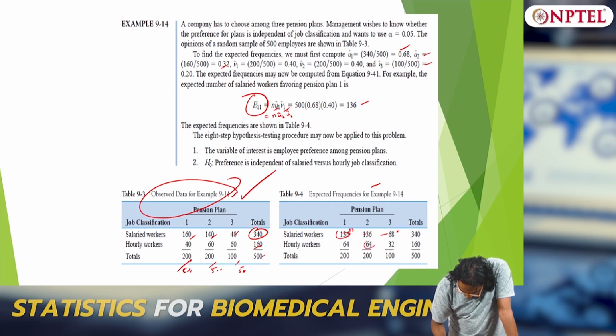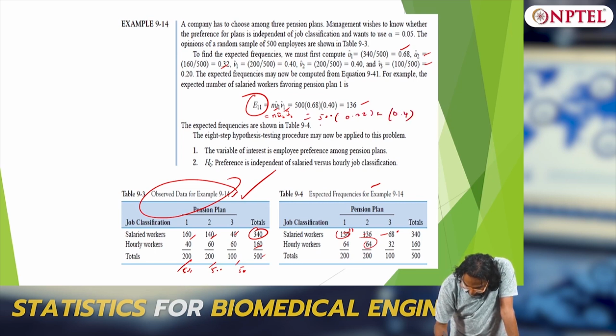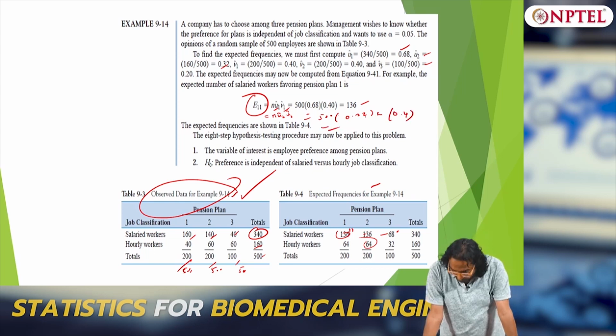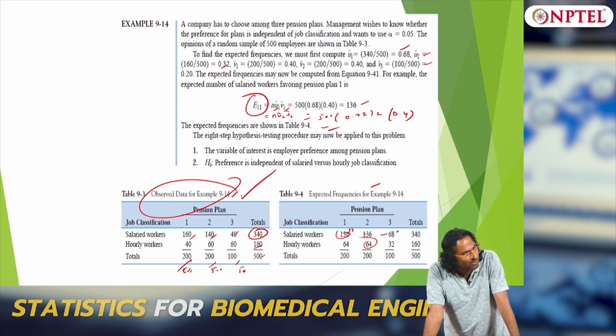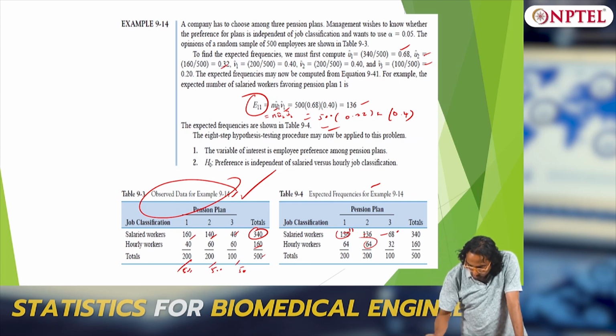This is not a diagonal matrix. 2 comma 2, what is the answer? 500 into u2 hat, which is 0.32, into v2 hat, which is 0.4, that is what we have. 200 into 0.32 is roughly 200 by 3, one third of 200, which is like 64, that is what I have.